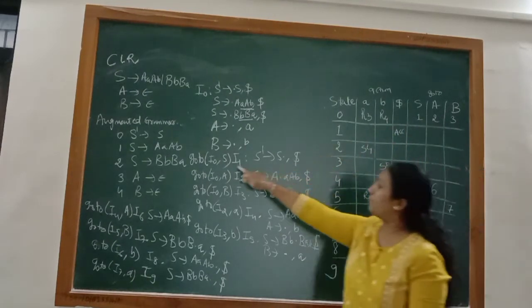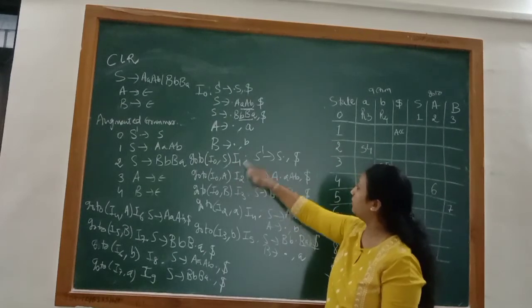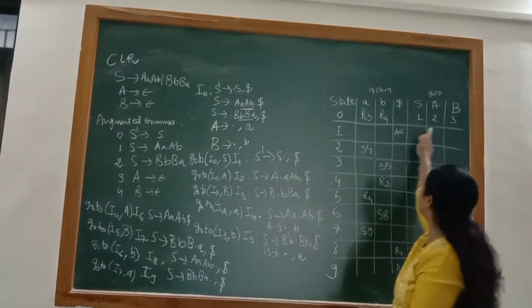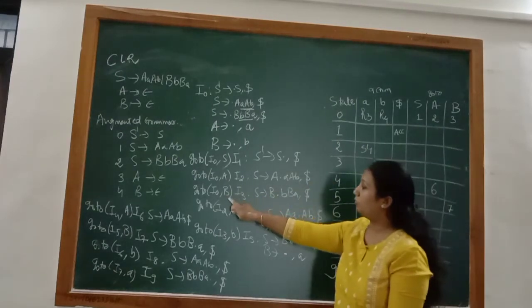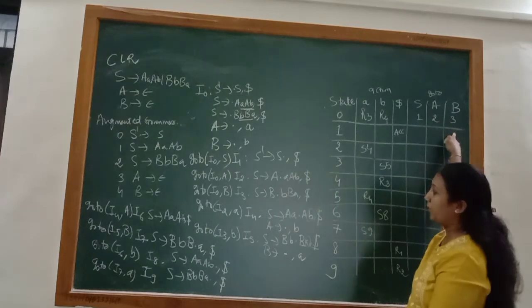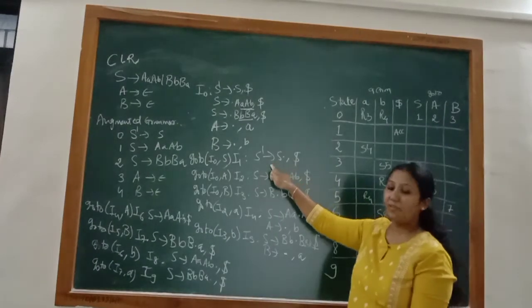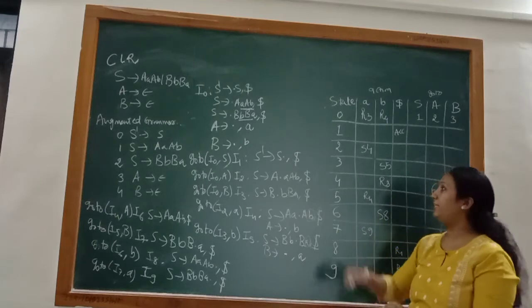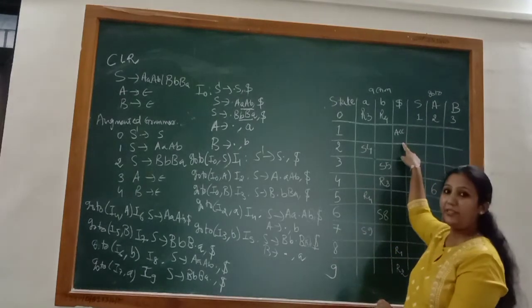Now when it receives S, it jumps to 1. When it receives A, it moves to 2. When it receives capital B, it moves to 3. Now in state I1 the first production is completed, so we write accept in dollar.